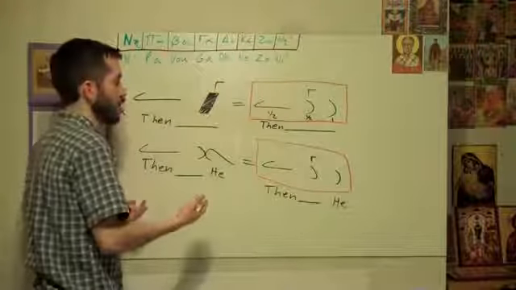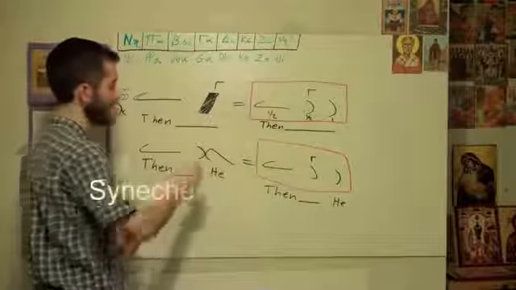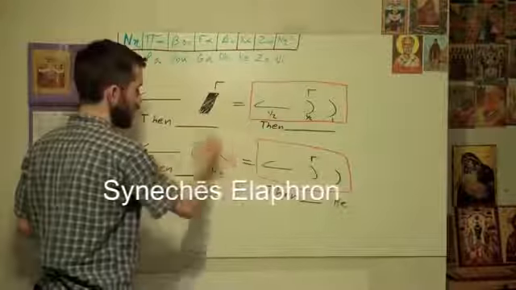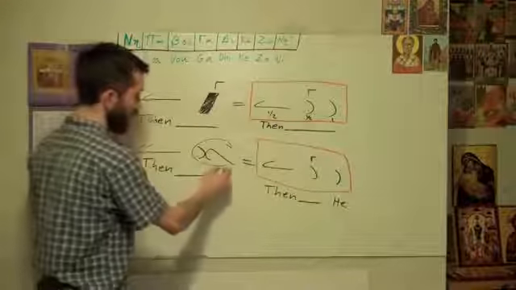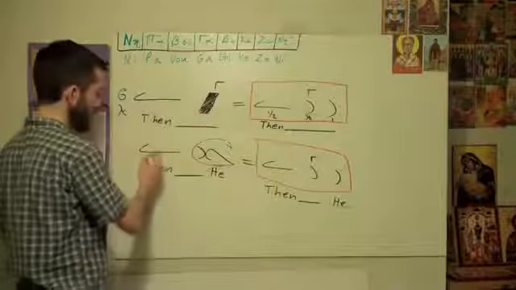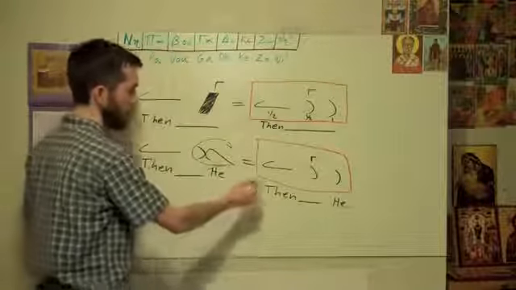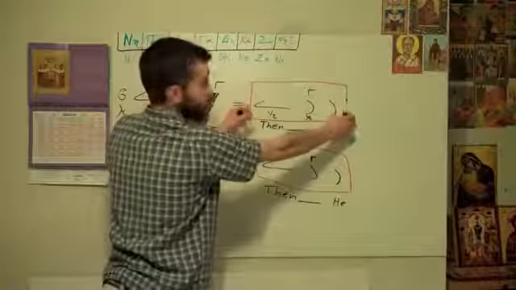What if we wanted to go, "then he"? Now we have the syneches elafron, which is what the symbol here is called. So here we have the ison, and then we actually have some sort of little resting place here where we can put a syllable. So we can put "then he," which when written, exploded here, looks exactly like this one.